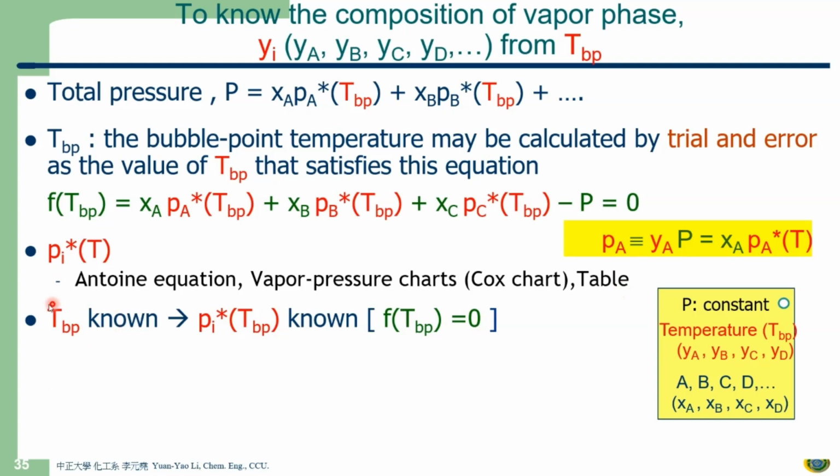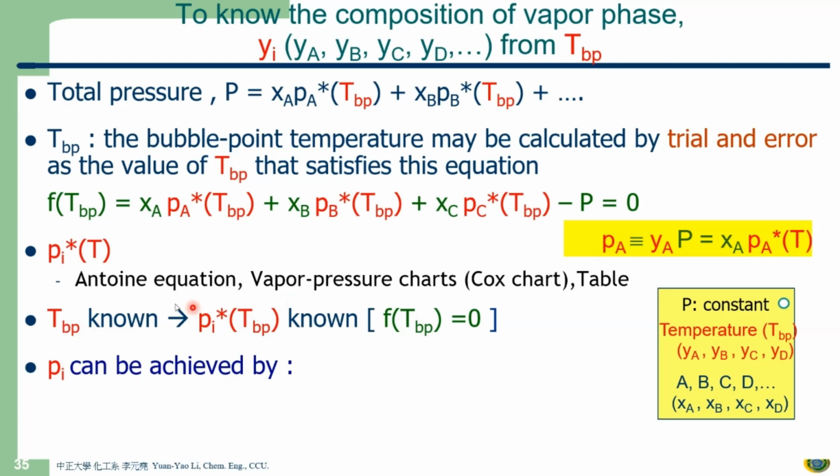So if you assume a TB, you get the vapor pressure from the equation, chart, or table, and this function will become 0. So you use trial and error to get the answer.